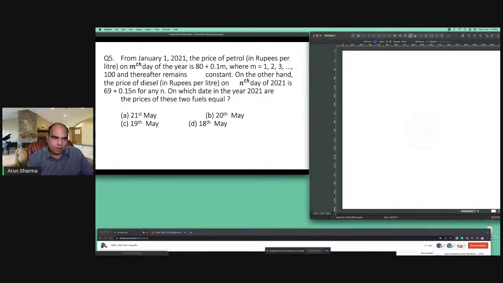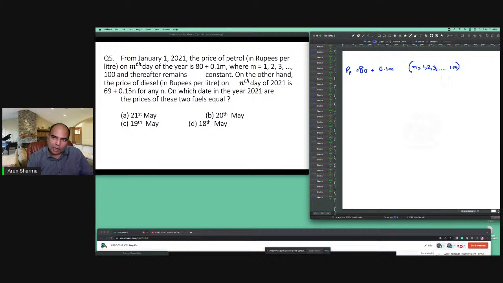From January 1, 2021, the price of petrol in rupees on the Nth day of the year is 80 plus 0.1N. So this is a function defined for the price of petrol, where N is equal to 1 to 100, and this is in rupees per liter.